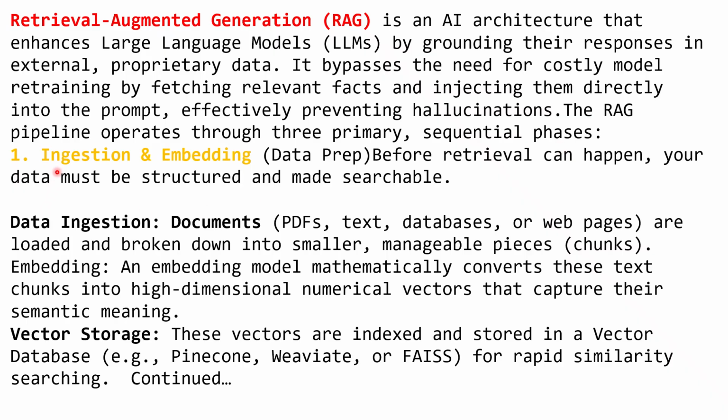First, ingestion and embedding, that is data preparation. Before retrieval can happen, your data must be structured and made searchable. Now, data ingestion: documents, PDF, text, databases, or web pages are loaded and broken into smaller, manageable pieces, chunks.